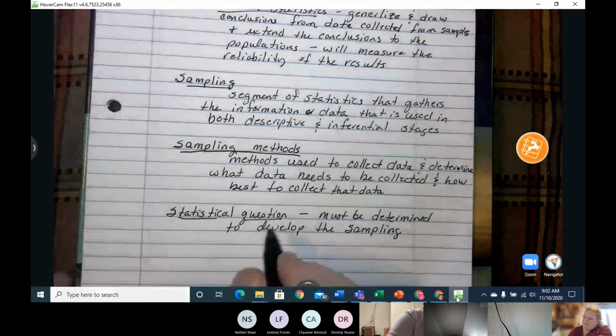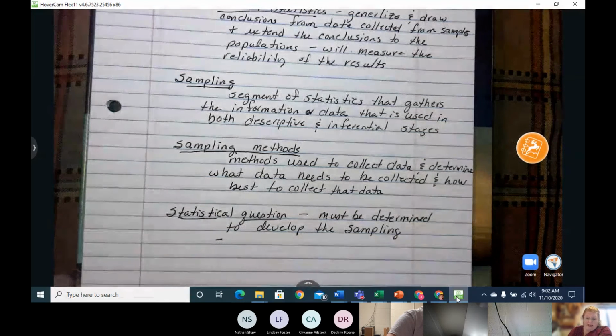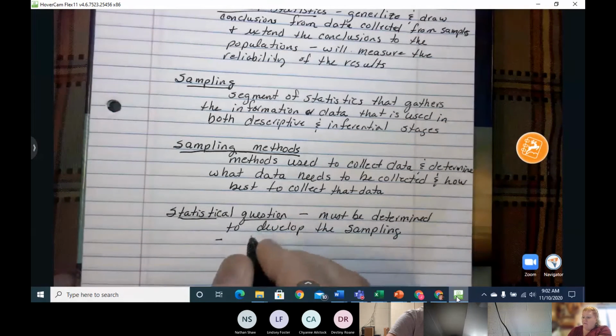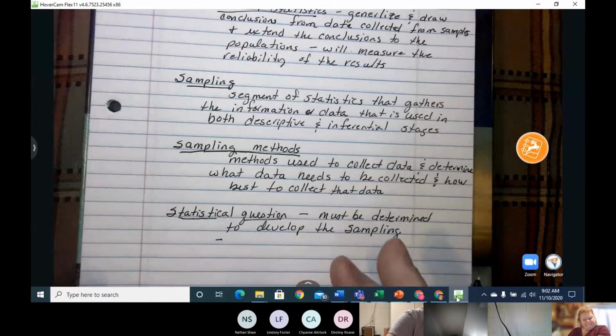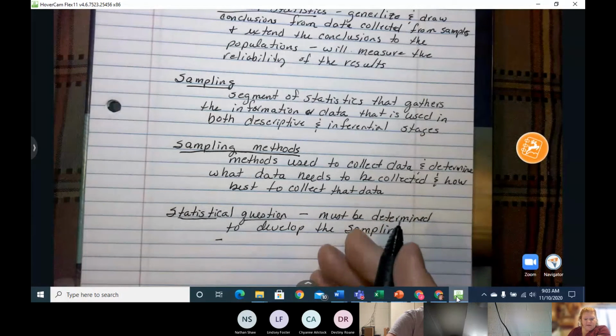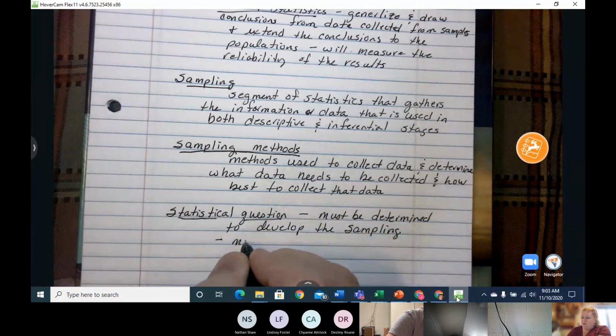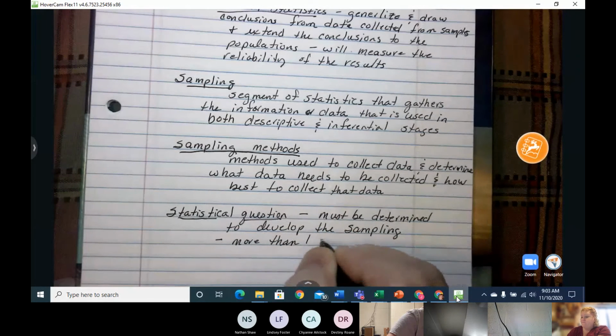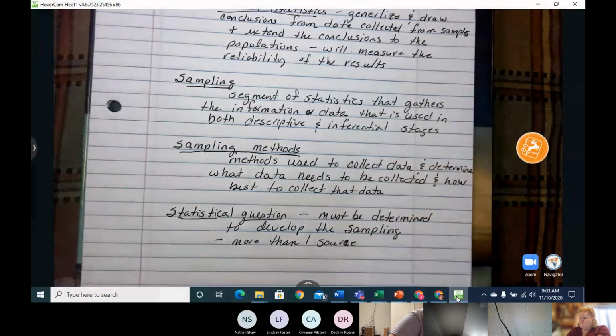And that statistical question must have the characteristics of more than one source, and it must have variability.